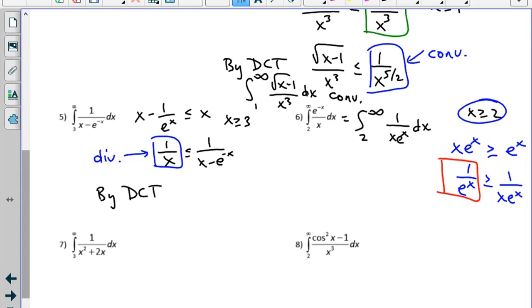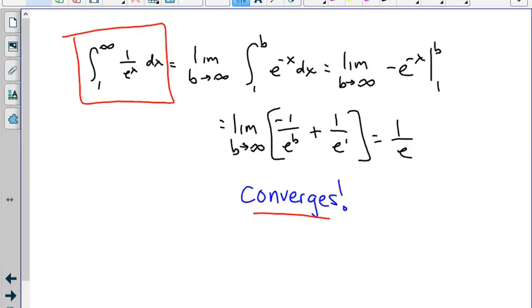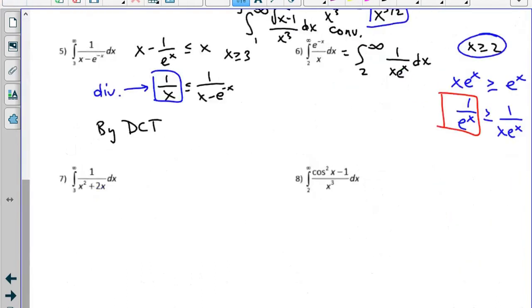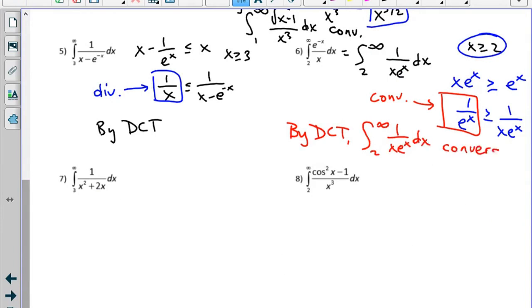We proved already that this converges. So because that's true, by the direct comparison test, the integral from 2 to infinity of 1 over x e to the x dx also converges.